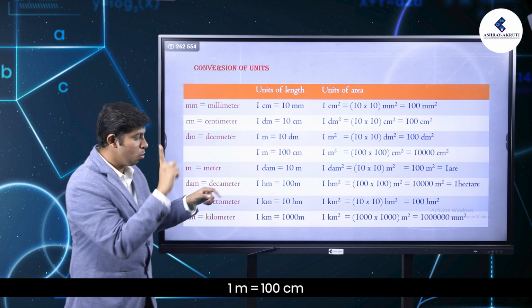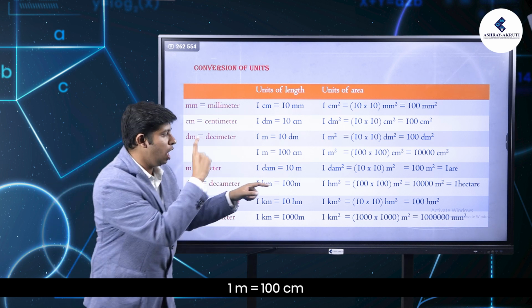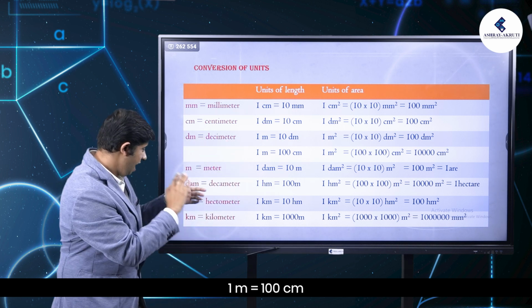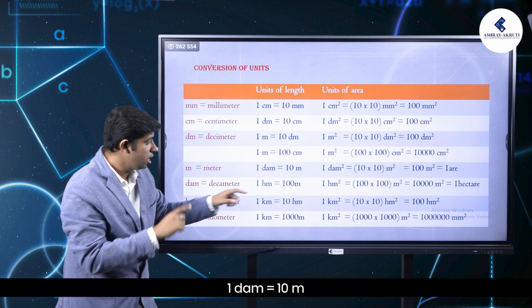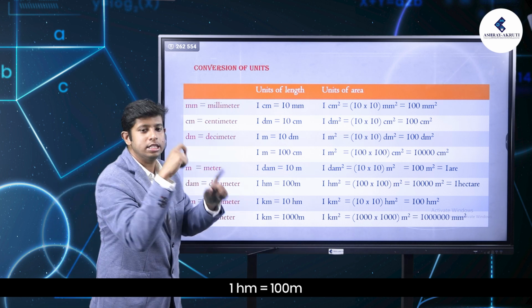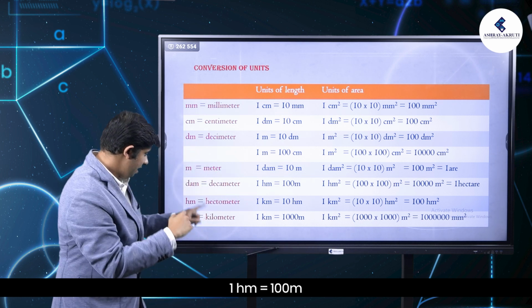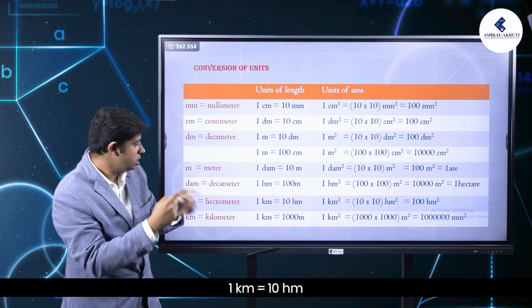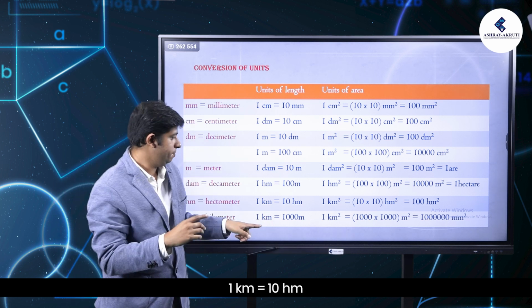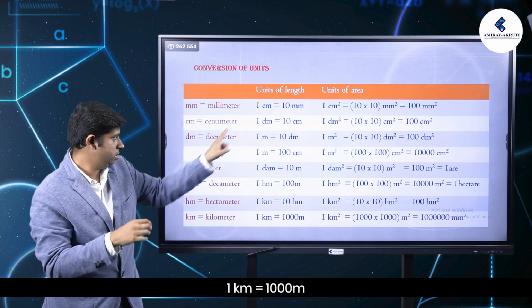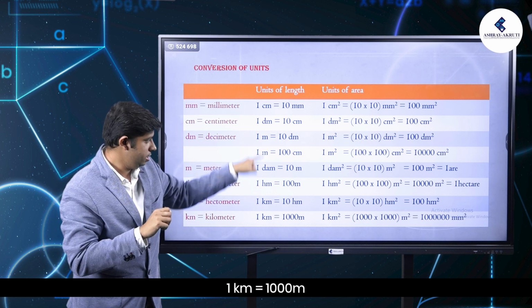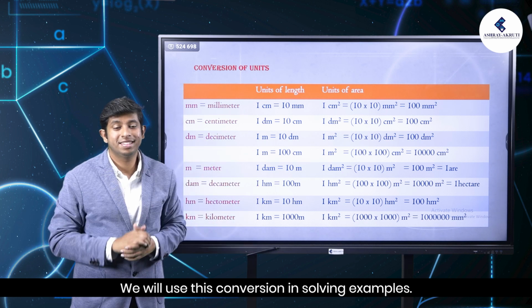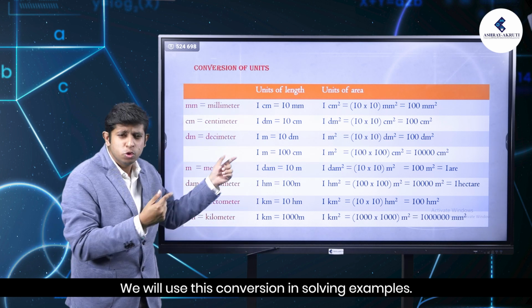One meter equals to 100 centimeter. 1 decameter is equal to 10 meter. 1 hectometer is equal to 100 meter. 1 kilometer equals to 10 hectometer. 1 kilometer equals to 1000 meters. We will use this conversion in solving examples.